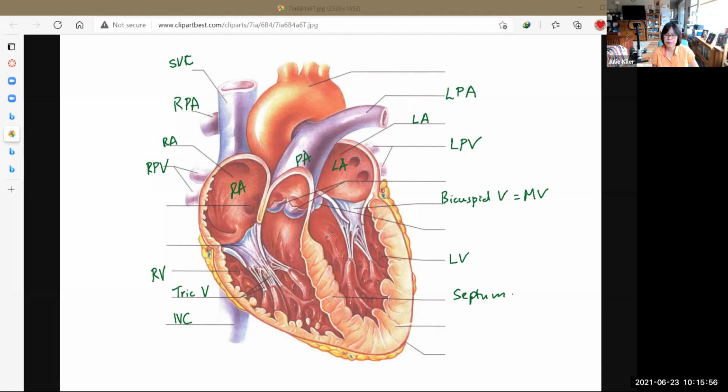This is aortic. So it's good if you guys start printing out these non-labeled diagrams. Semilunar valve, right? So we pretty much have everything. So this is pulmonary semilunar. This is the aortic valve.